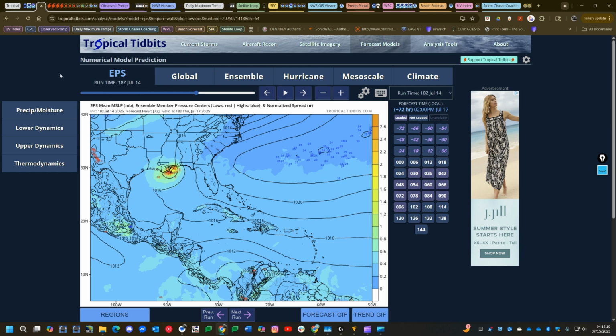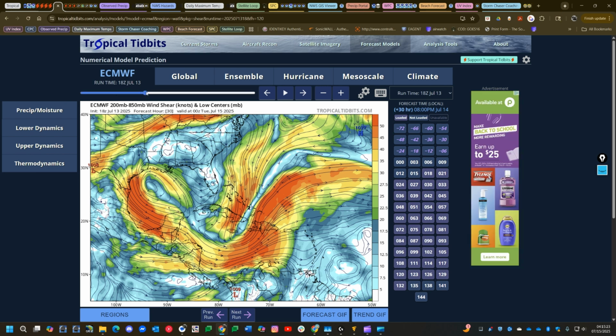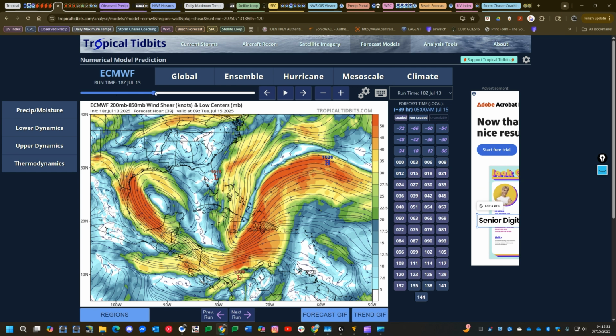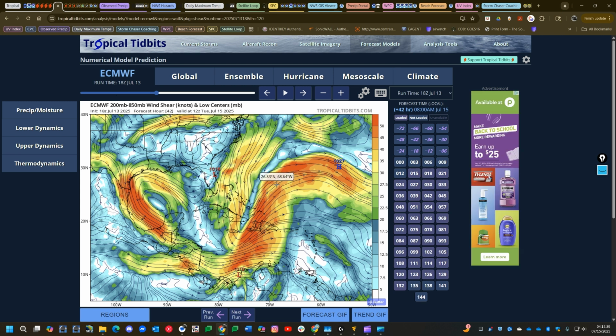So what's the system working with when it moves through here? If we look at the European model and the upper level wind shear pattern, so we're looking at today, about 8 a.m., it shows a low pressure off the southeast coast, which we know is there.